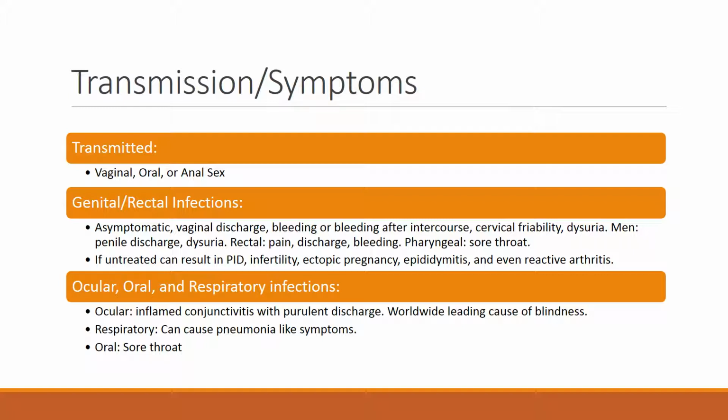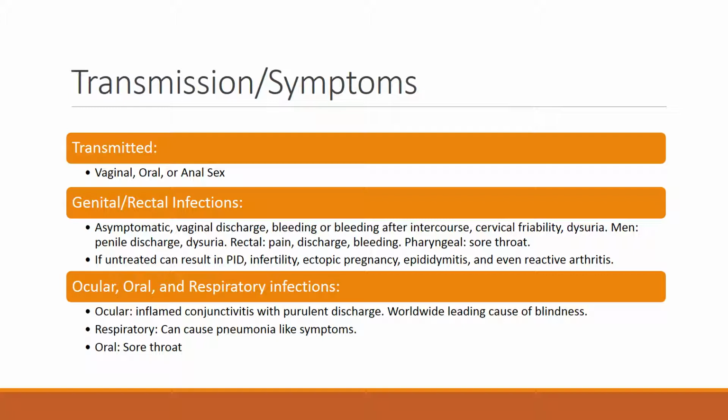Some of that bleeding is caused by what we call cervical friability, which means the tissue on the cervix bleeds very easily. Even with a little touch of the swab, you might notice some bleeding. And then both men and women have some pain with urination. And men will also have penile discharge, usually a little bit more like clear discharge.